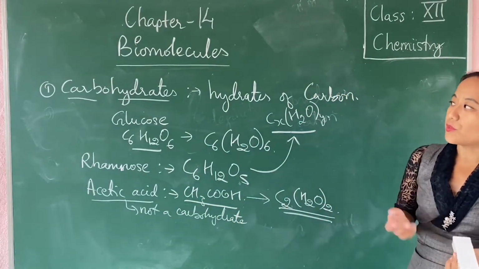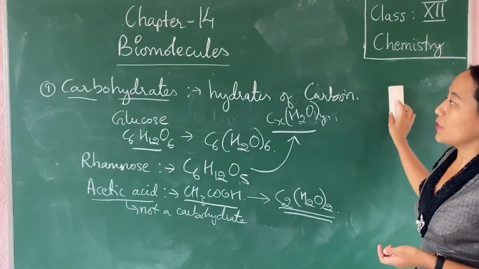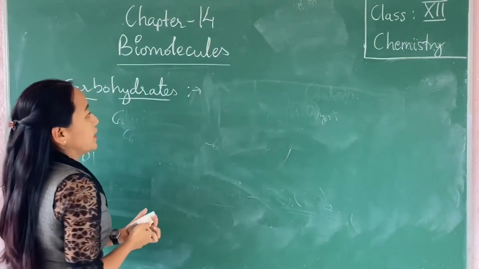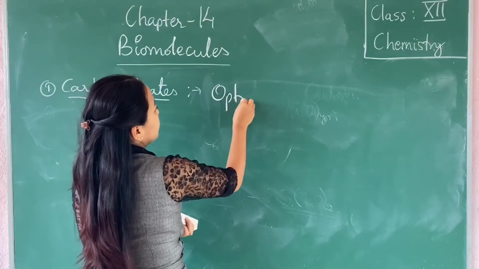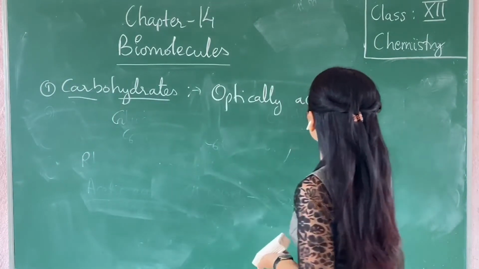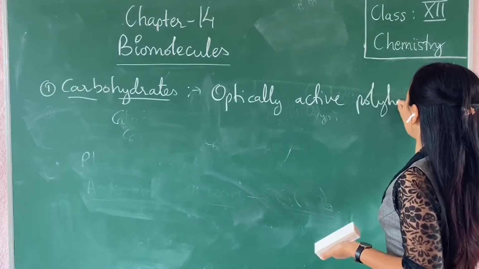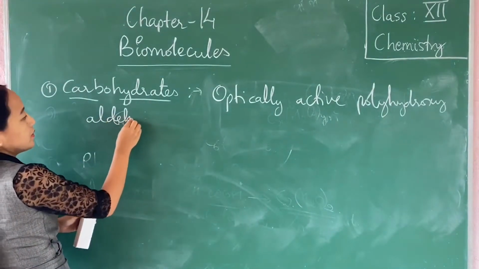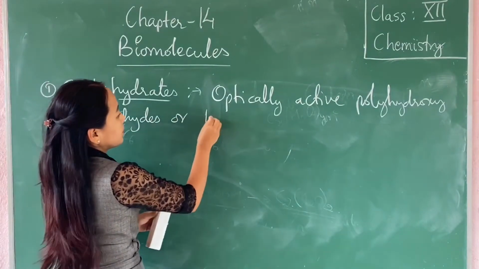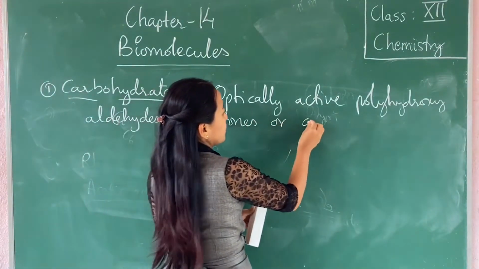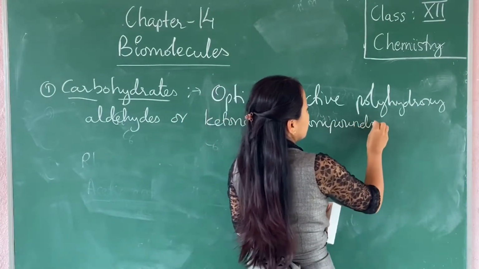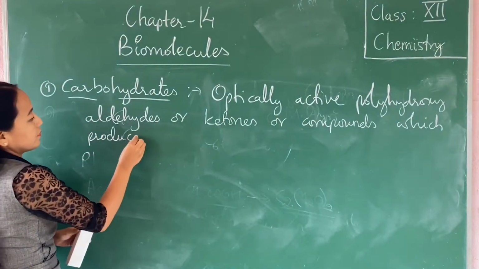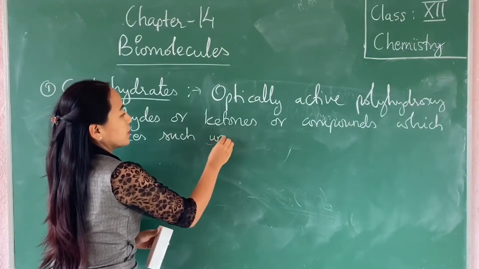So therefore, this definition was modified, and now the modern definition of carbohydrate is: it is defined as optically active polyhydroxy aldehydes or ketones, or compounds which produce such units on hydrolysis.